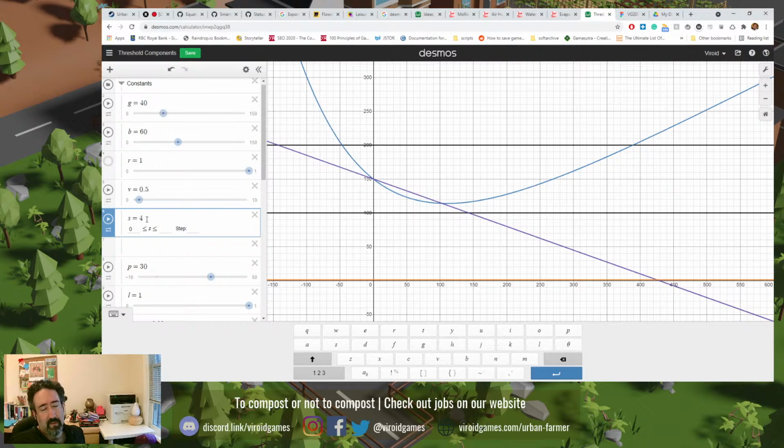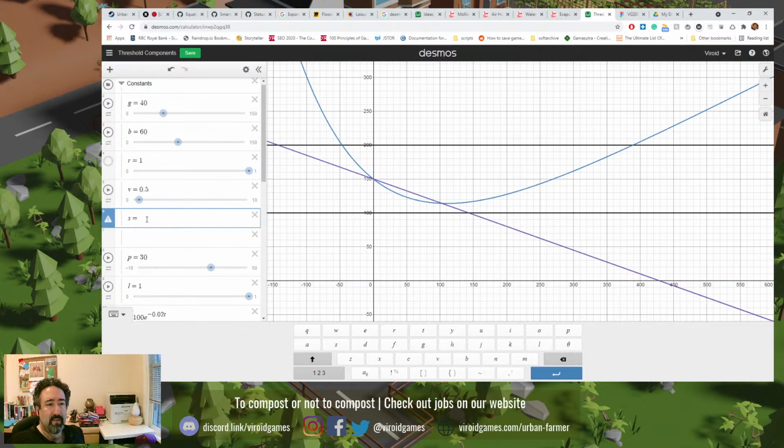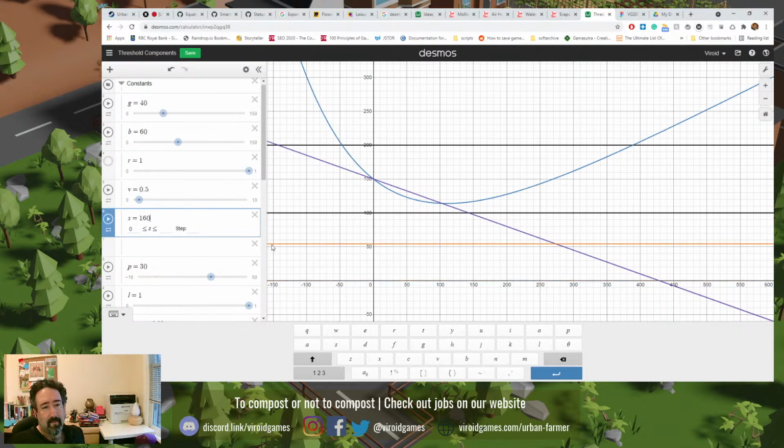For argument's sake, let's say we have 160, like a mini swimming pool for kids. Something like that. Takes quite a lot of water.